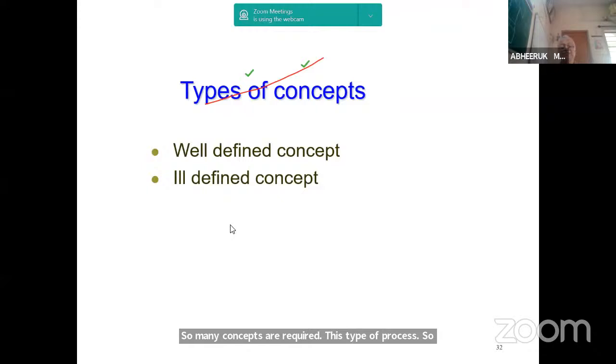Now, what are the types of concepts? Another classification is well-defined and ill-defined concepts. Some concepts you can easily define, like pentagon or hexagon. But not all concepts can be defined so, like we give the example of party. It is an ill-defined concept. By definition, you cannot define it that way. It is very difficult to teach.